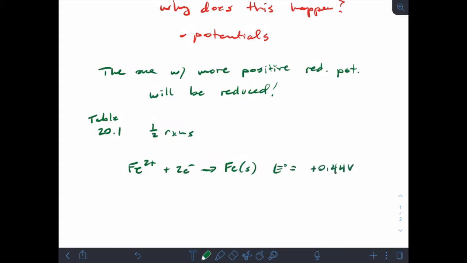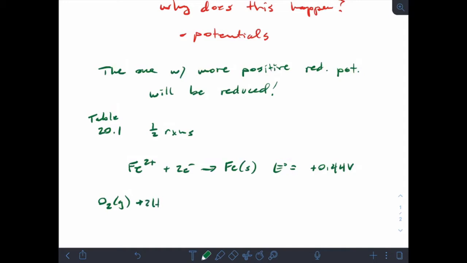Okay, our other half reaction is oxygen being reduced. So we're going to find the one that has O2 gas. And oxygen being reduced, the complete half reaction looks like this. O2 plus 2H2O plus 4 electrons goes to 4OH-, rather than 2O2-. The way this half reaction works is that when it's balanced, it has its waters.